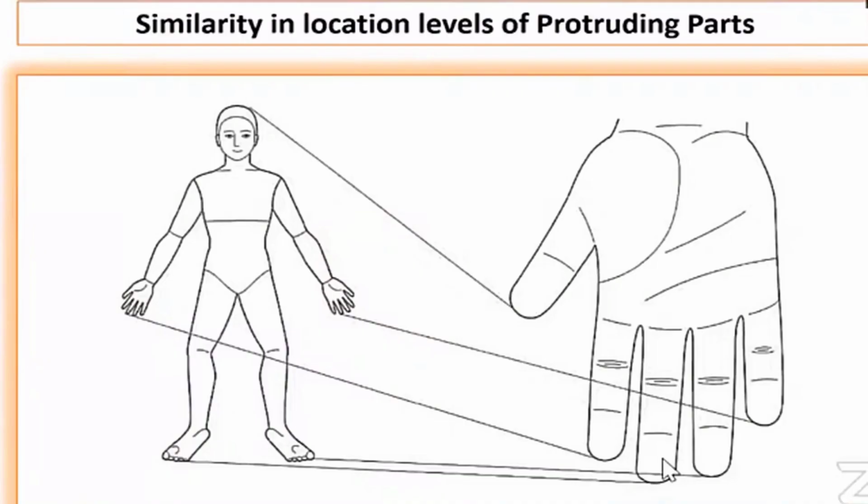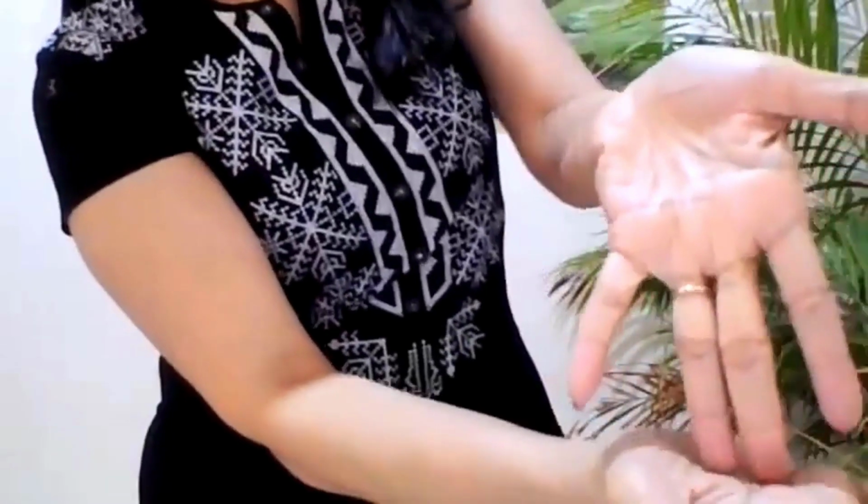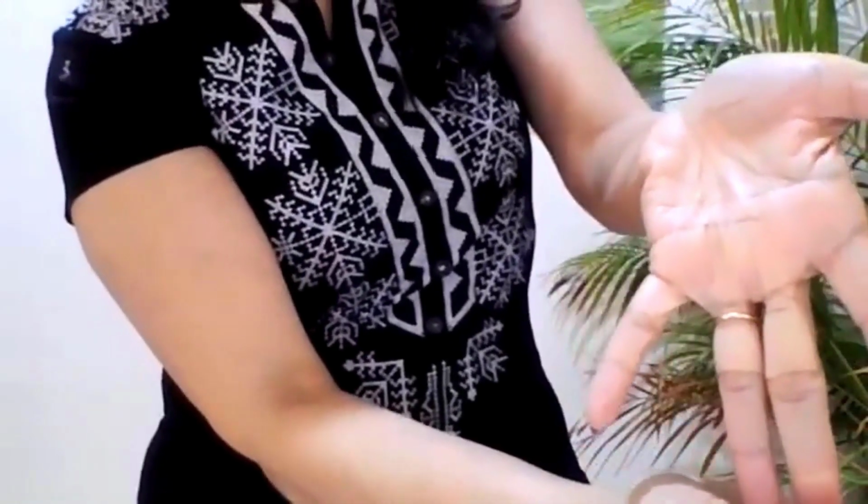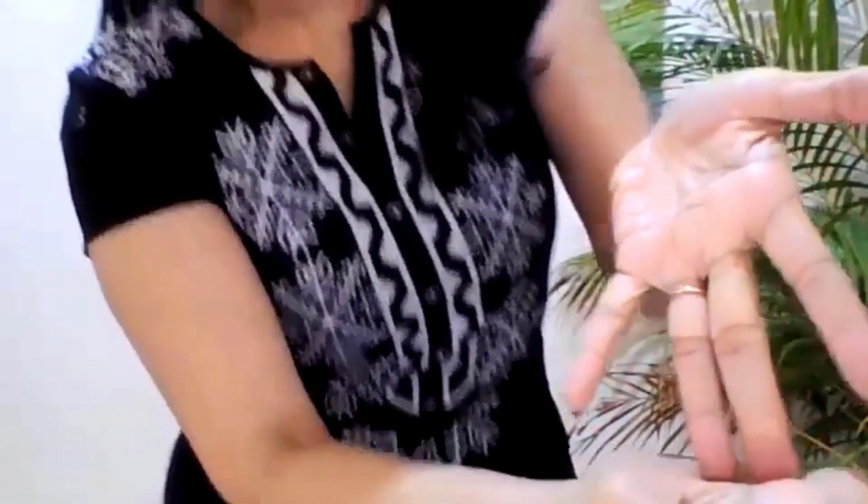Now, the human body is erect with the head on top and the arms and legs protruding from the trunk. When you stand your hand on the palm like it is standing on the ground, like the human body, then the middle 2 fingers, let me just stand and show you, are touching the palm, right?